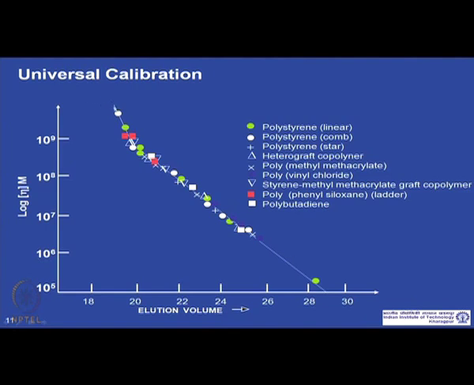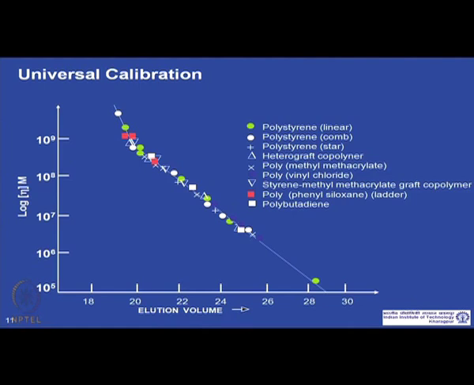So, if you can construct it with one of the polymers, say polystyrene, then the molecular weight of the other polymer can also be determined using this calibration curve, as long as we know the intrinsic viscosity for the polymers we are using and the elution volume from our GPC graph.